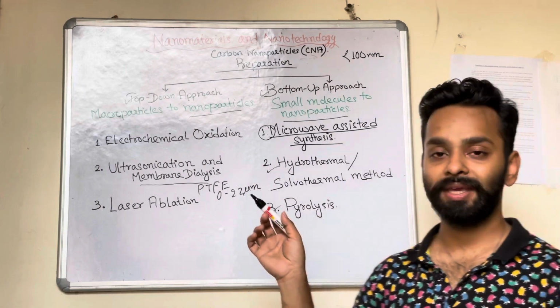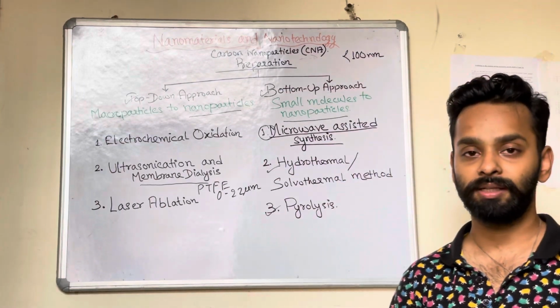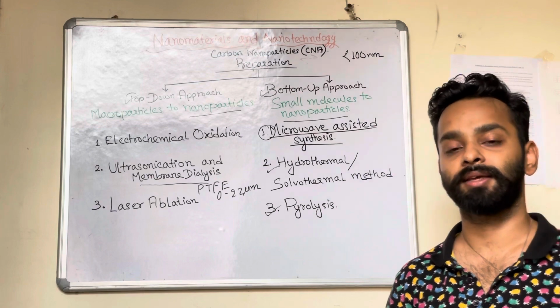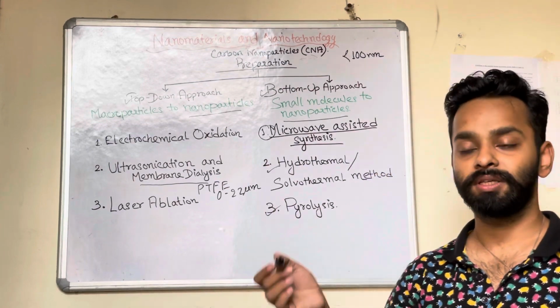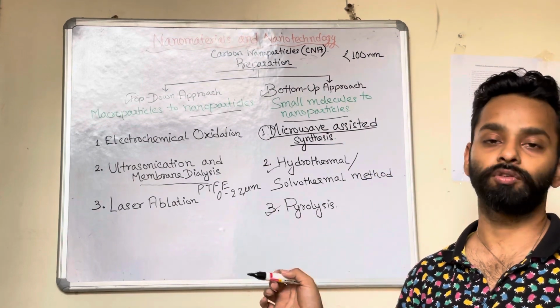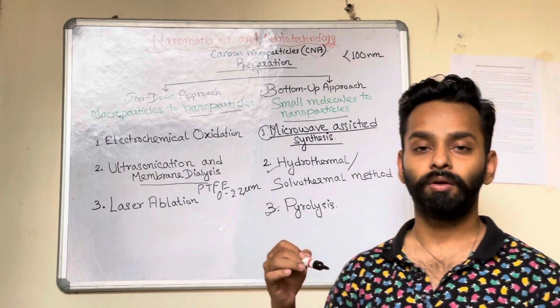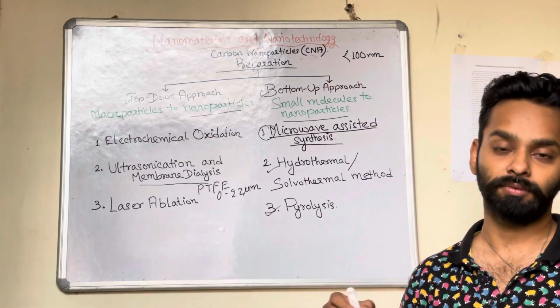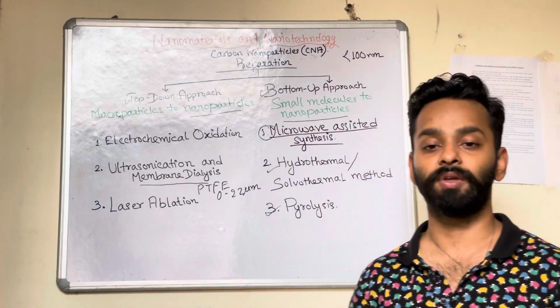These can also be characterized using different techniques. The particle size can be characterized using the dynamic light scattering assay, or DLS assay, which gives the particle size range, so we can know which size range our carbon nanomaterials belong to.